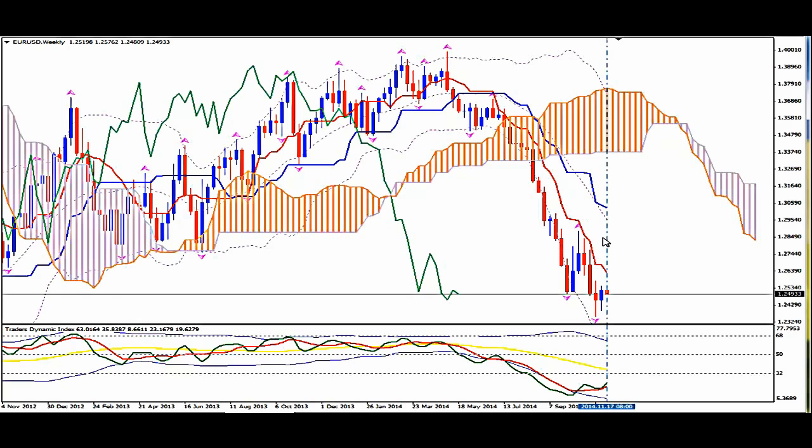So the first take profit target, the first stop of the price on its way up, if its effort succeeds, will be Tenkan-sen, the 1.2620 price level.